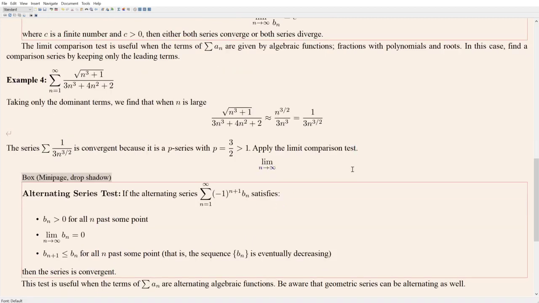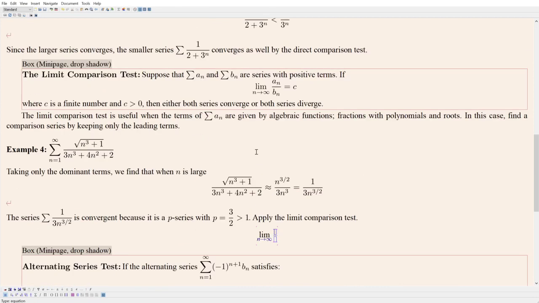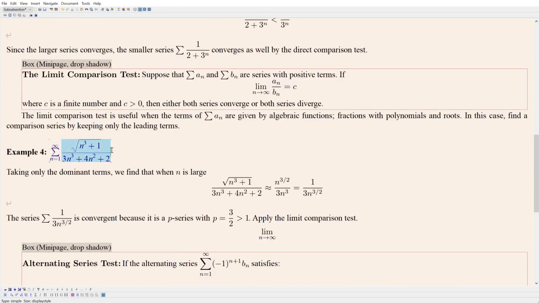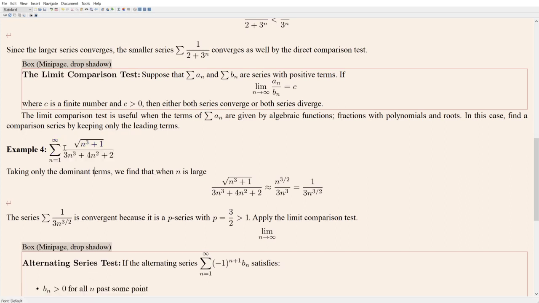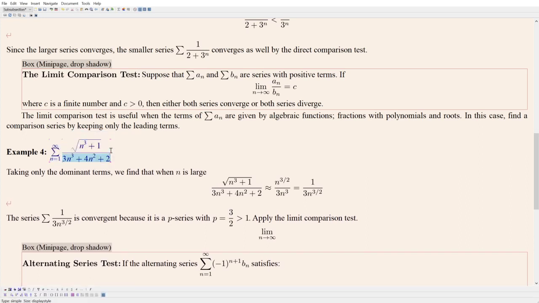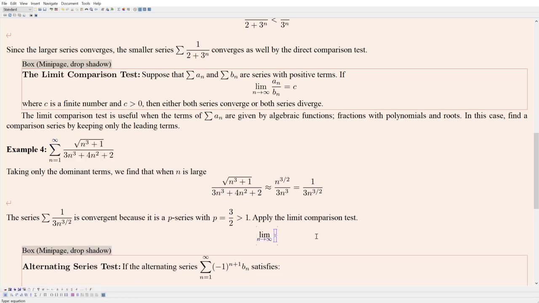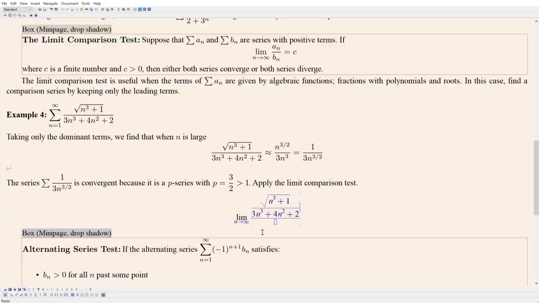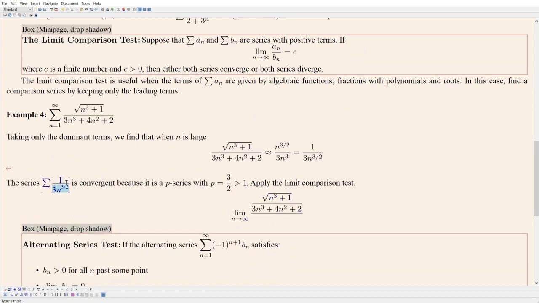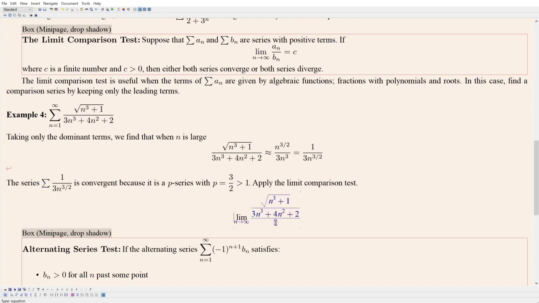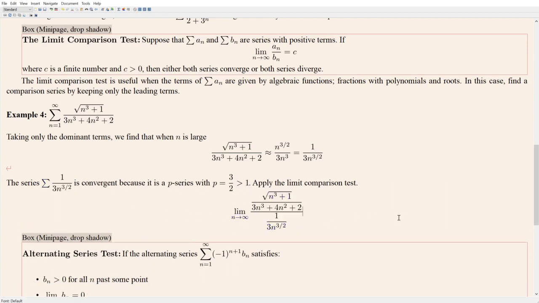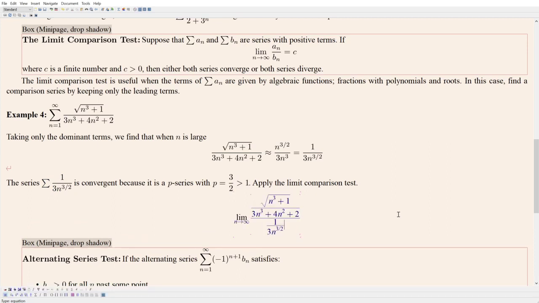So let's see. So on the top, let's put the terms of the given series. On the bottom, let's put the guy that we are comparing it to. Okay, and now we need to figure out what this limit is.